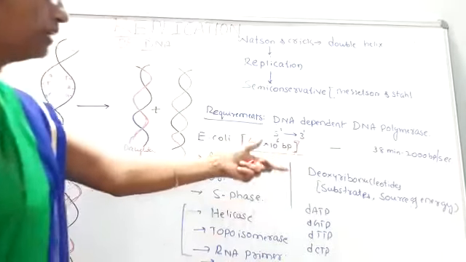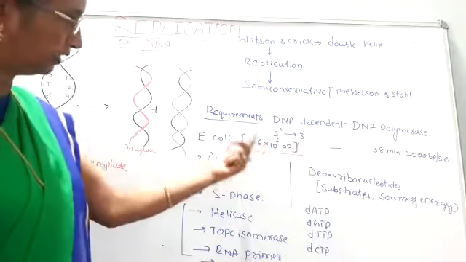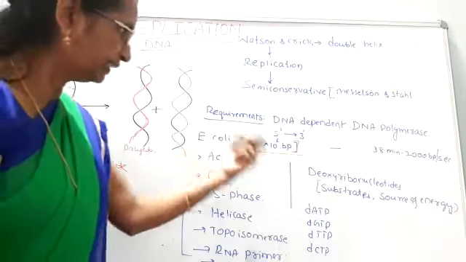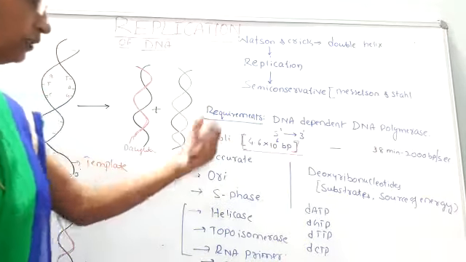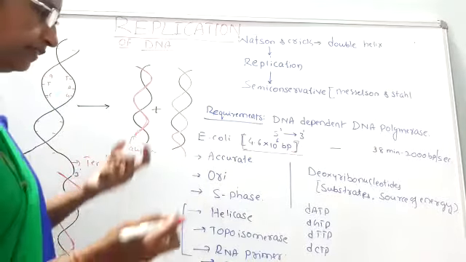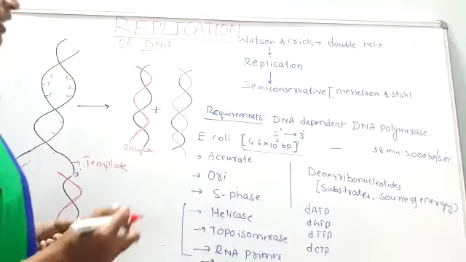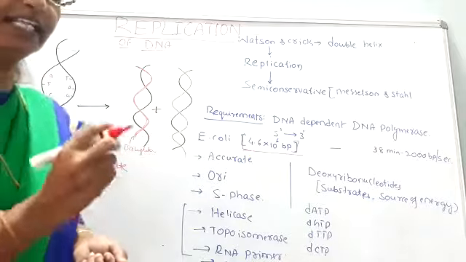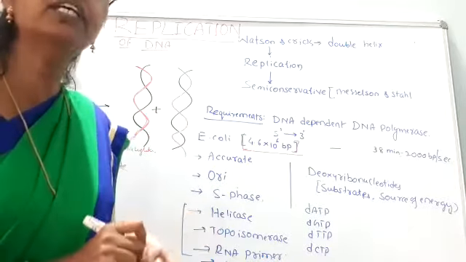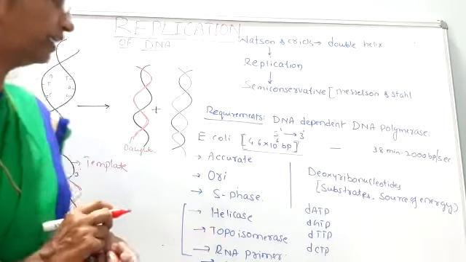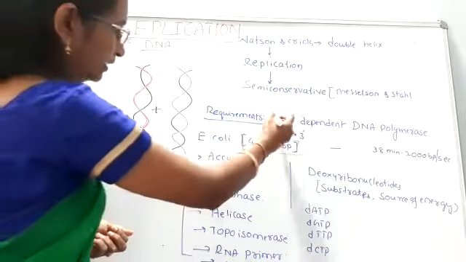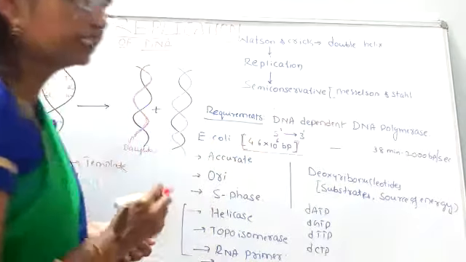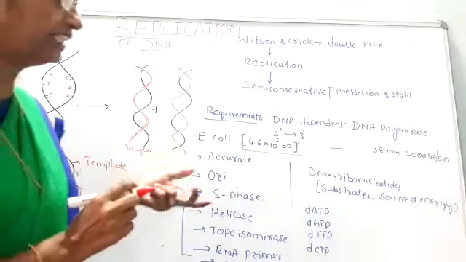If you consider humans also, you can recognize that too: 6.6 into 10 to the power of 9 base pairs in the case of humans. Okay, let us understand the essential requirements for the replication of the DNA. As we know, DNA replication is an energy requiring process.